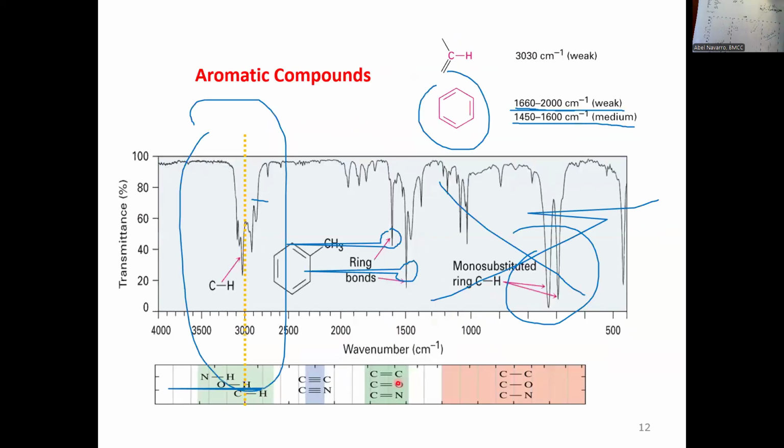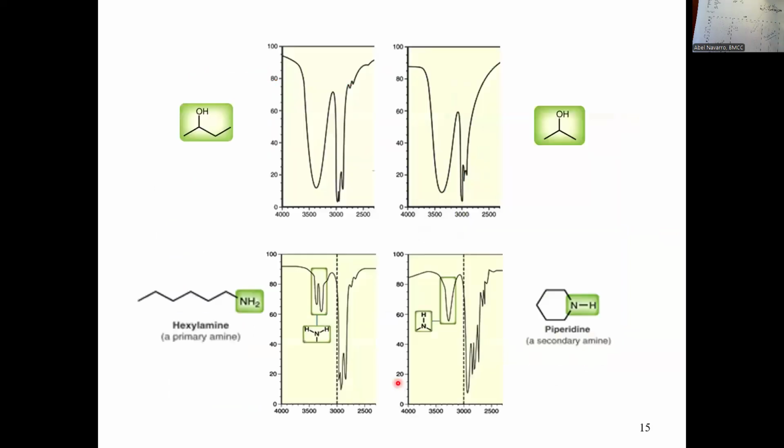In OHs, it's different. OHs and NHs, they are different. That's an OH peak. That's an NH peak. So OHs are broad, and they're a little bit more to the left side. OHs show up between 3,200 to 3,500, and they are broad.